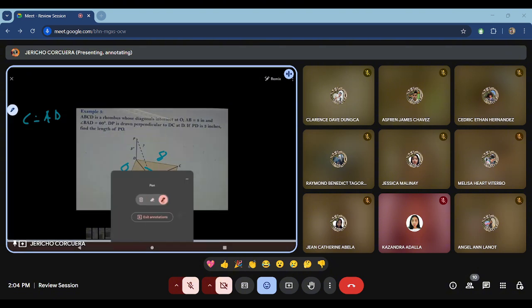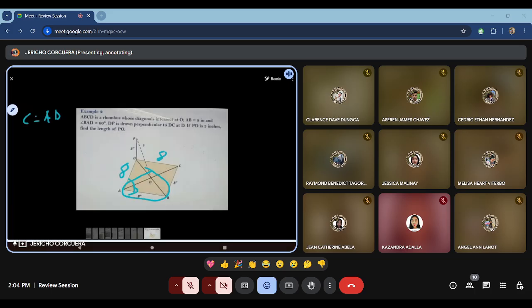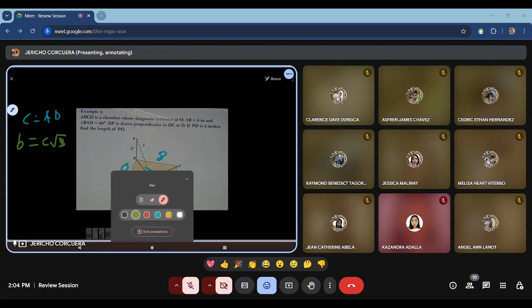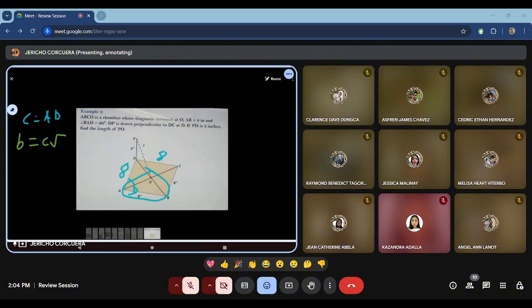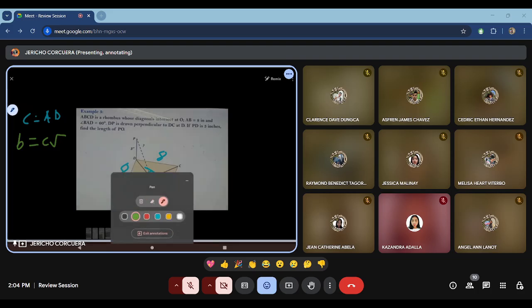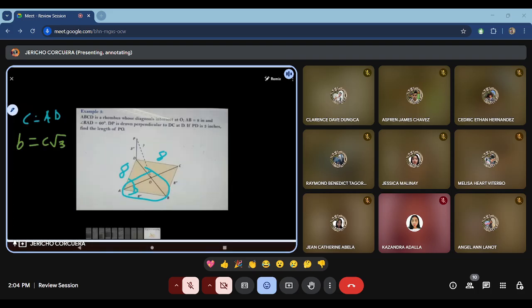That's 30 degrees. And if you remember the 30-60-90 theorem, the value of B is equal to C square root of 3 over 2. We'll have it like this. C square root of 3 over 2. Like that.